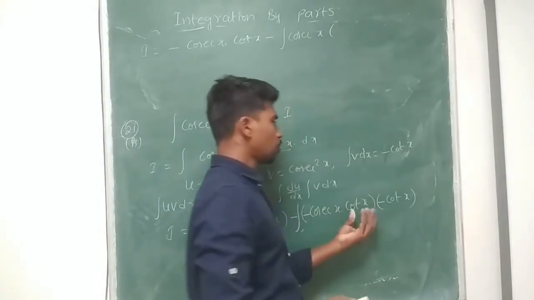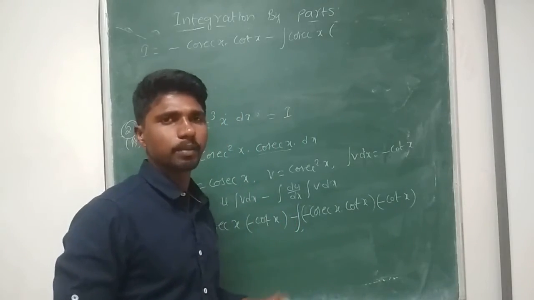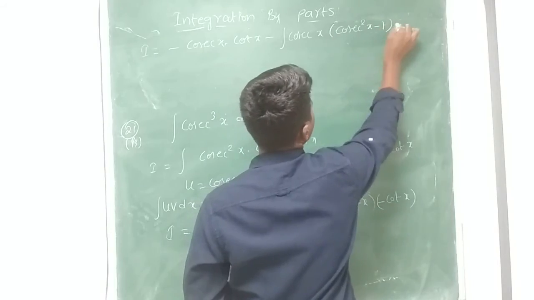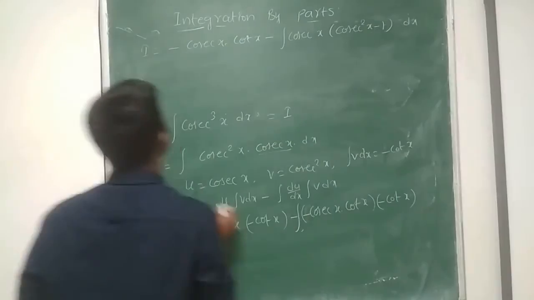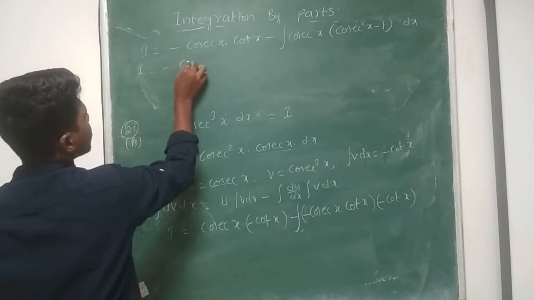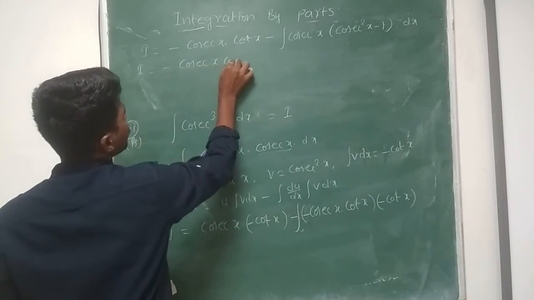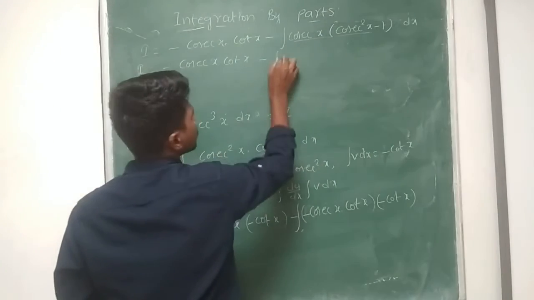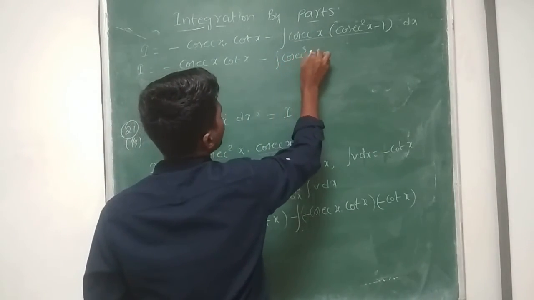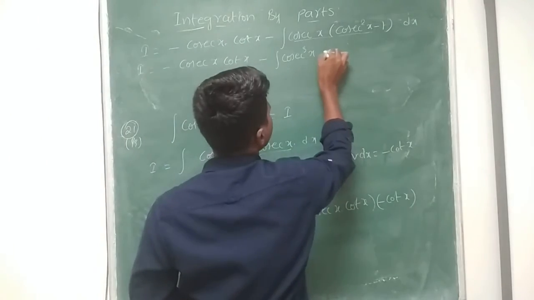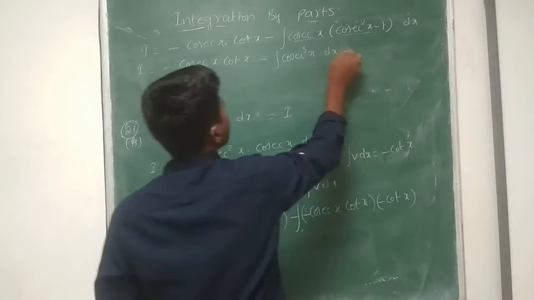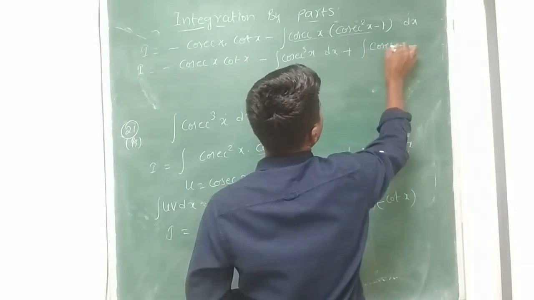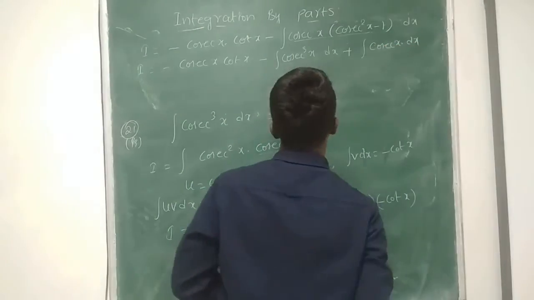I want to write cot square x in terms of cosecant, so I get cosecant square x minus 1 dx. So again I is equal to minus cosecant x into cot x minus integral cosecant x into cosecant square x minus 1, that is cosecant cube x minus, minus into minus, plus integral cosecant x dx.